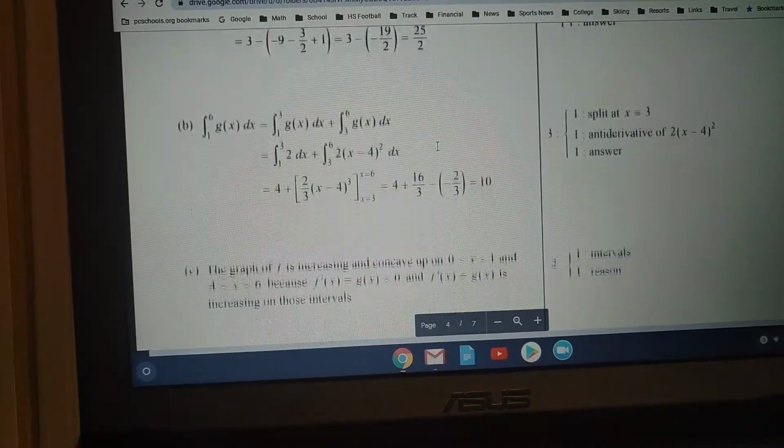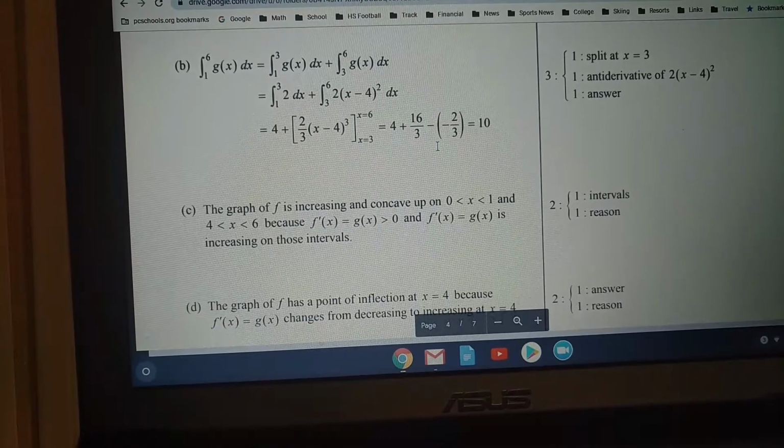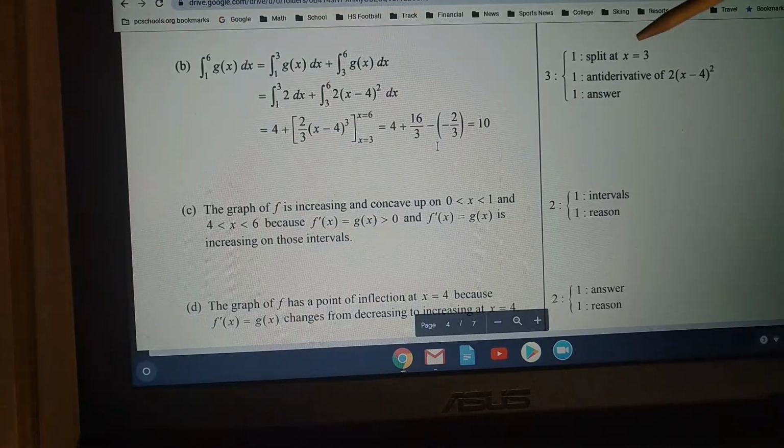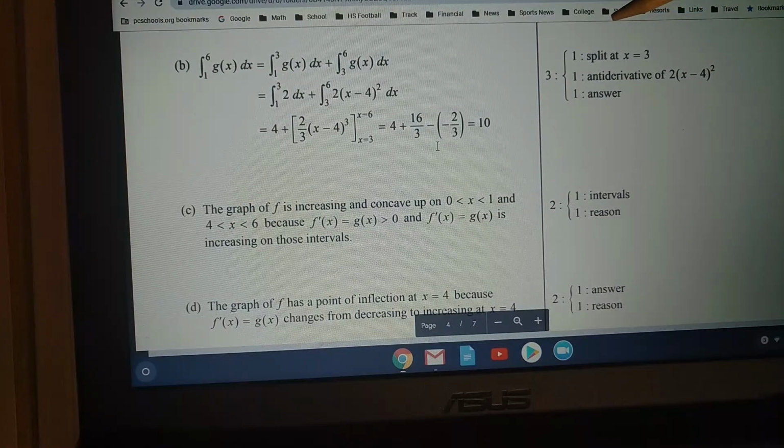Okay, part B. If you split it at x equal to 3, you get a point, recognizing that you have to split this and go from 1 to 3 and from 3 to 6. You have to integrate those as separate integrals because those regions are defined by separate functions.